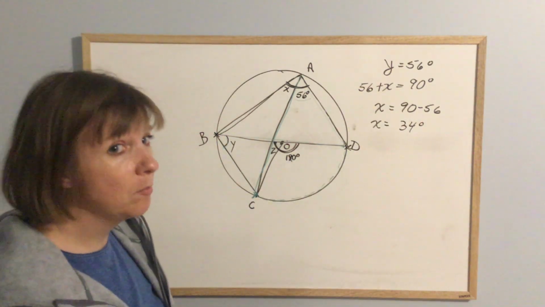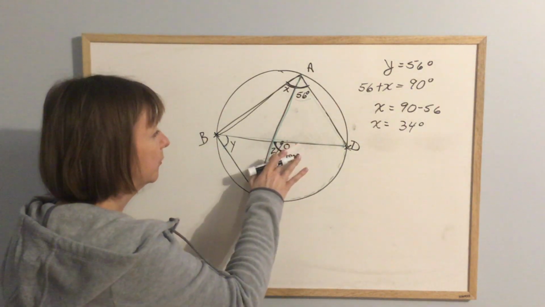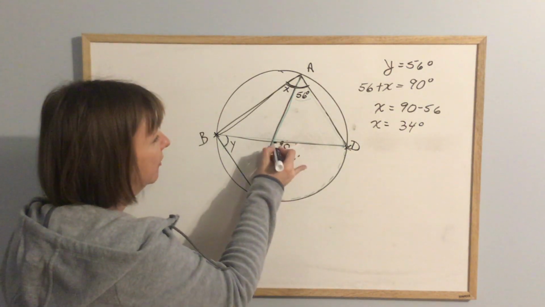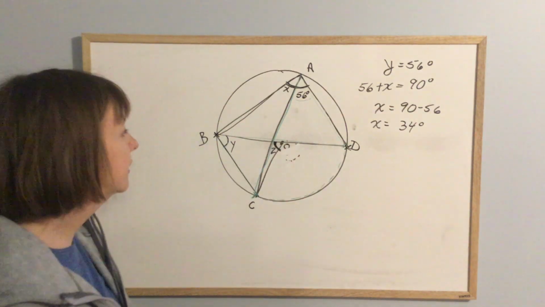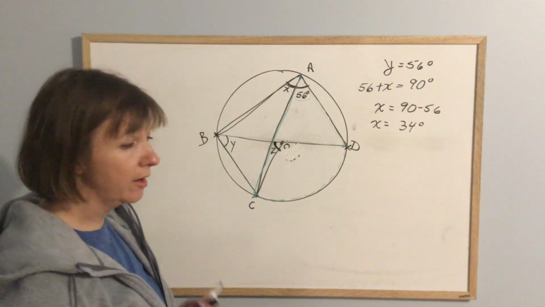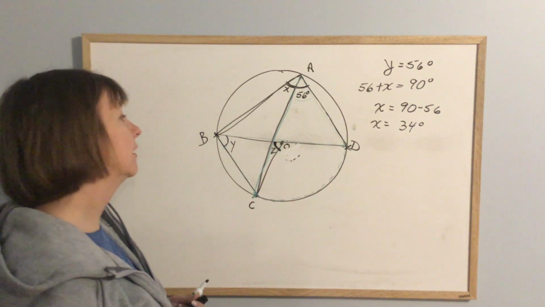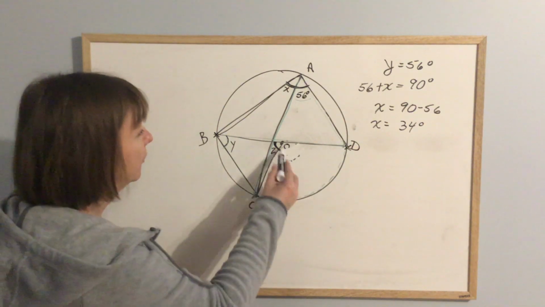So I only have one more that I have to figure out. I just have to figure out this little one right in there. So again, that's a central angle. Is it inscribed? Is there an inscribed angle that would come out to the same thing?